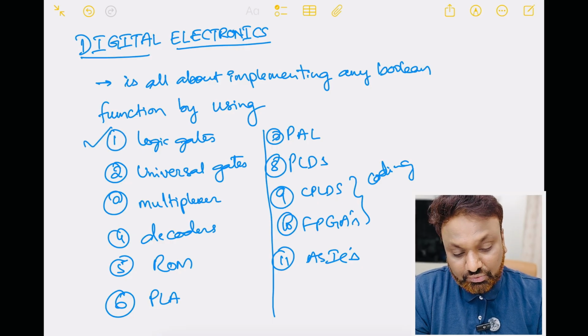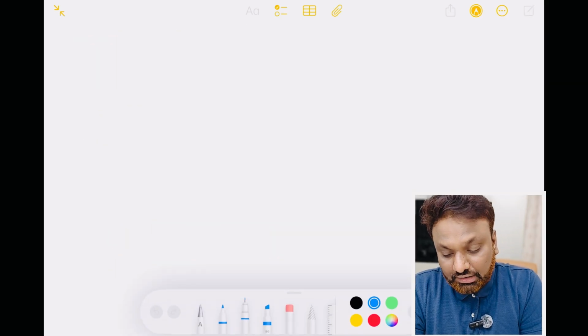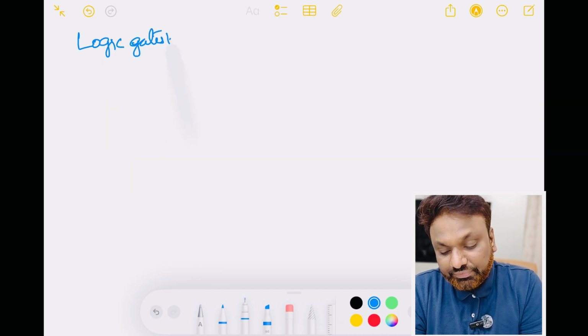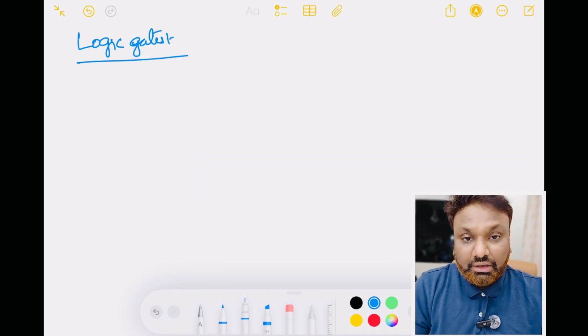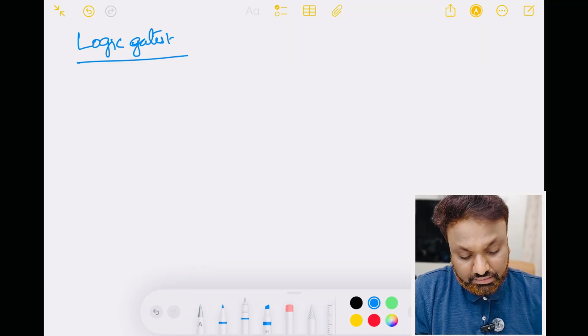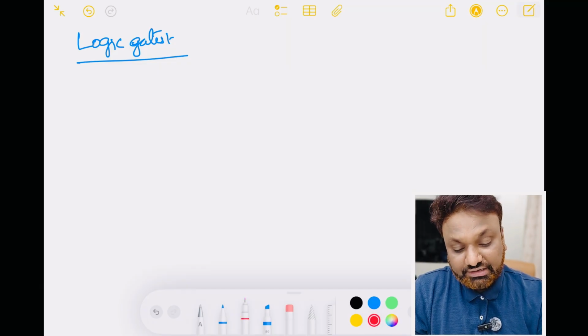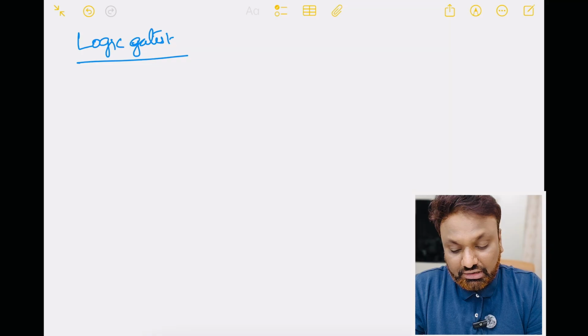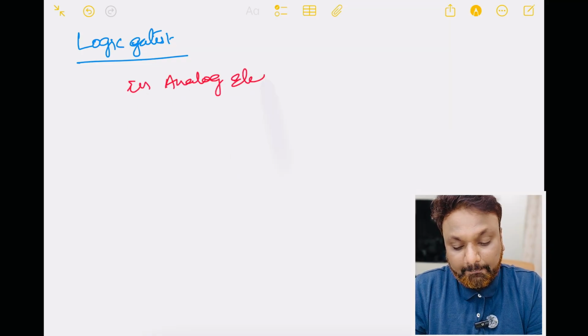Okay, so what are logic gates? See here, in analog electronics, what are the basic building devices?